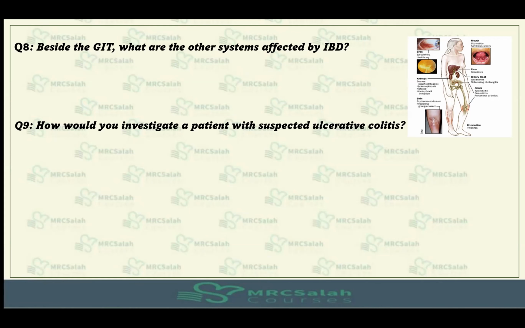This is number one. Number two, I want to tell you the best way in discussion, in history, and in examination, according to Shinoda. Shinoda told me before, Salah, examiners like this: when you come to management in general, you tell them we have conservative management and surgical management.